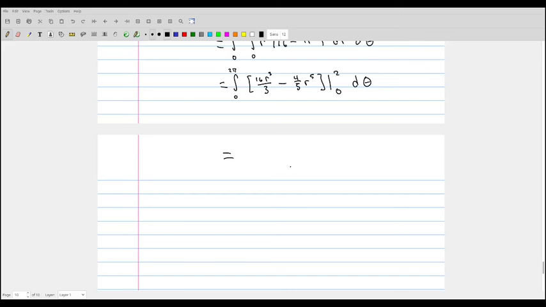So this ends up becoming, when you plug in and do the arithmetic on this, exactly 256 over 15.